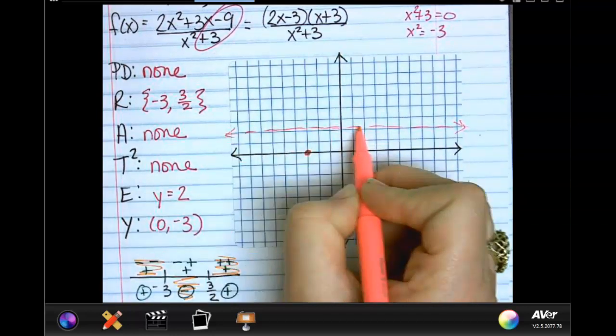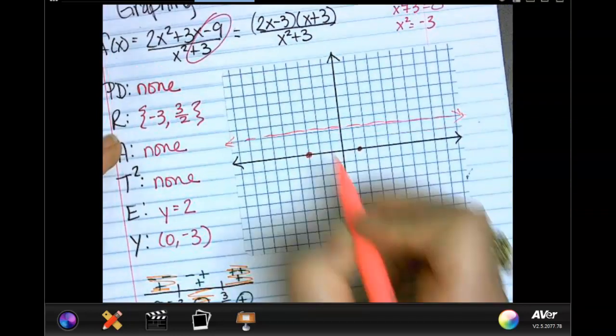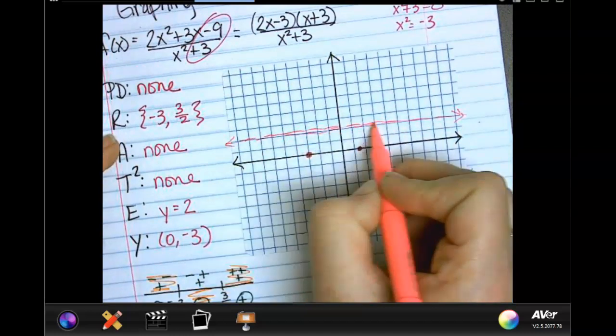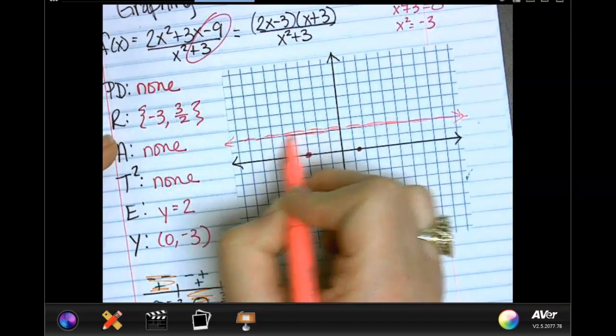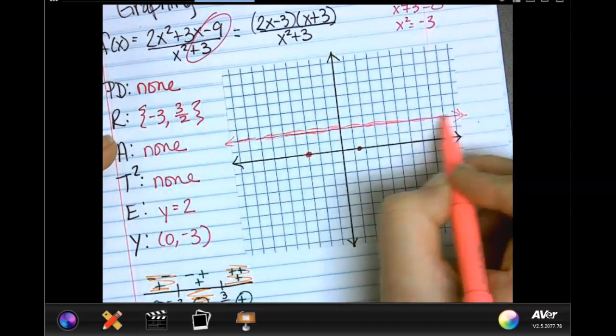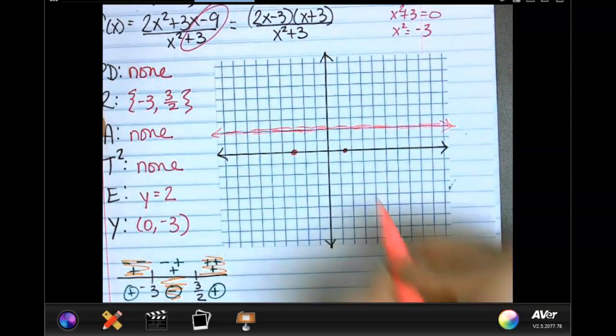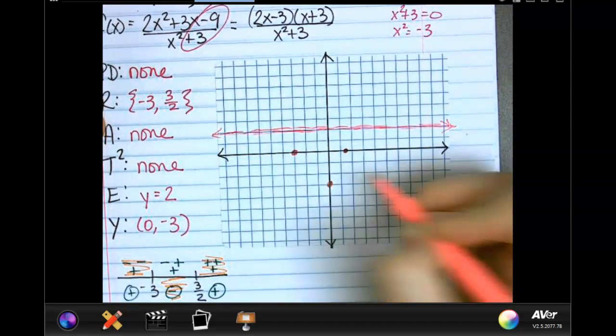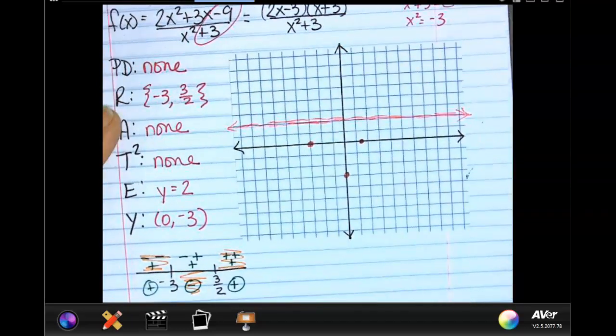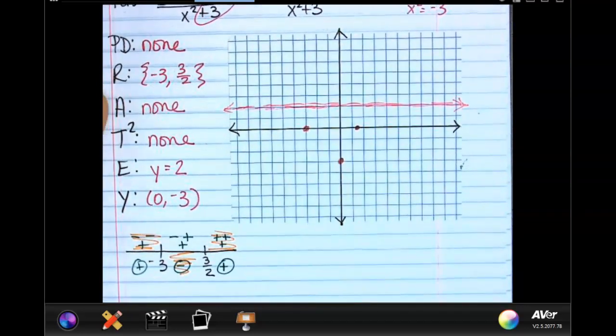Looks like that, except I didn't quite get the axis, but you get the idea. Just make it wider, I guess. This is why I should use pencil. I can't erase that. There's my weird asymptote. And then 0, negative 3. I know. It looks weird.